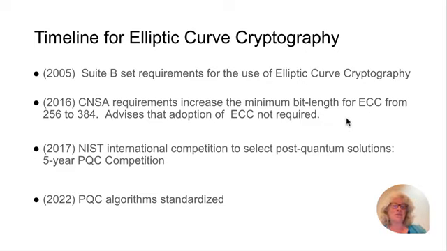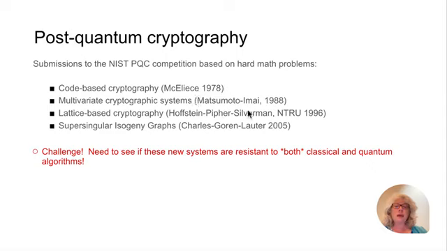so that's reflected somewhat in the timeline for recommendations from, for example, NIST and NSA. So the Suite B algorithms came out in 2005 and recommended the use of elliptic curve cryptography with those parameter settings that I showed earlier, roughly m equals 256 or 384. But in 2016, the CNSA requirements came out and increased the minimum bit length for ECC from 256 to 384 and advised that it was no longer required to implement them.